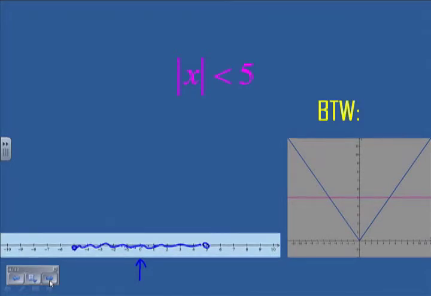Now, on the graph, here's my nice little v for the absolute value. Here's where it equals 5. Now, where am I getting numbers smaller than 5 out of my absolute value? Well, that's all of these numbers going down to the point of the v.